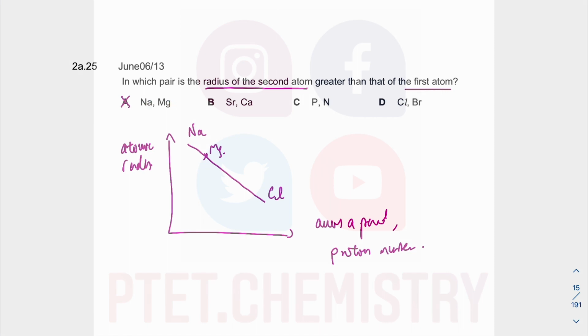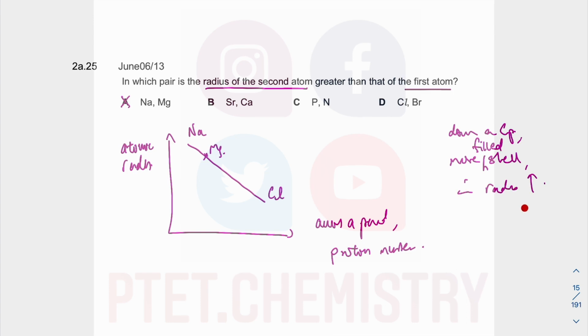You want the second one to be bigger than the first one. So that is across a period. Strontium and calcium, that is group 2. When you have group 2, we're going down a group. Going down a group, you have more shells, more filled electronic shells. Therefore, atomic radius definitely increases.